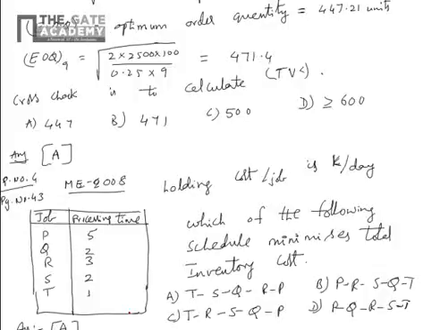You should know what the shortest processing time method is, how to select the sequence based on it, and inventory carrying cost, which means the amount of cost to be paid for carrying the inventory. If you know those two things, you can solve this problem.